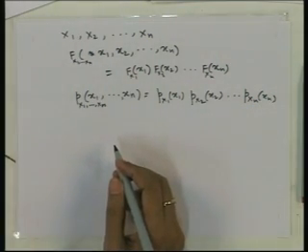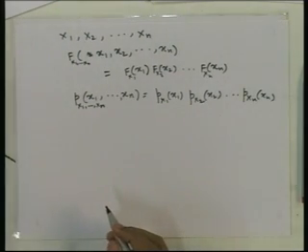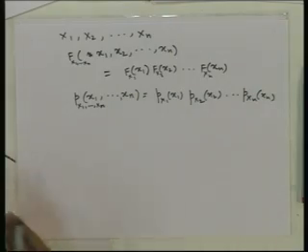So, in this class we have discussed what an experiment is, what an outcome of an experiment is, and then we defined the sample space to be the set of outcomes of an experiment. Then we defined independent events, the conditional probability of one event given that another event has occurred, and then we defined a random variable to be a mapping of the sample space into the set of real numbers.